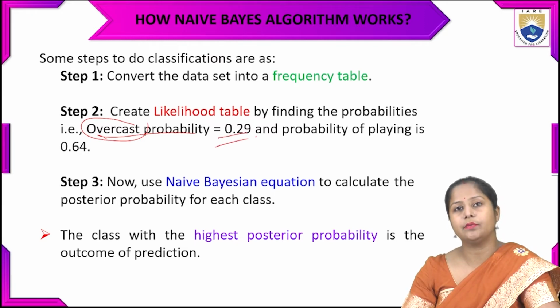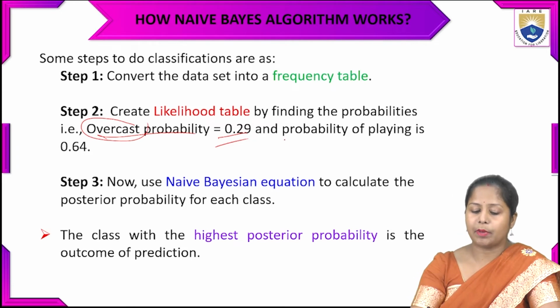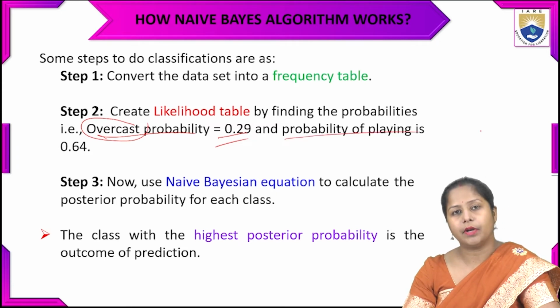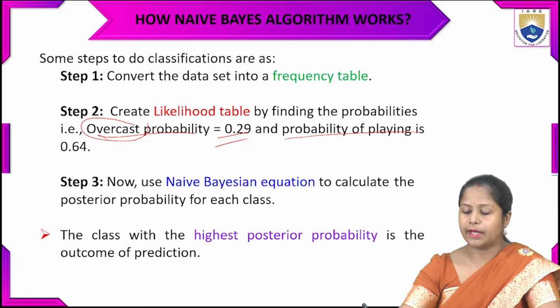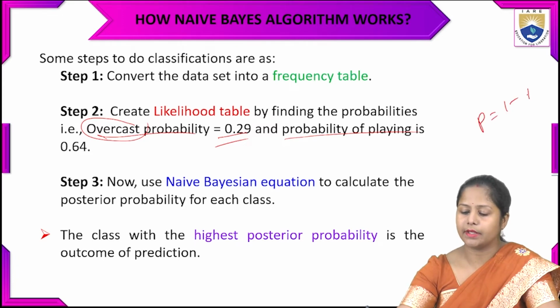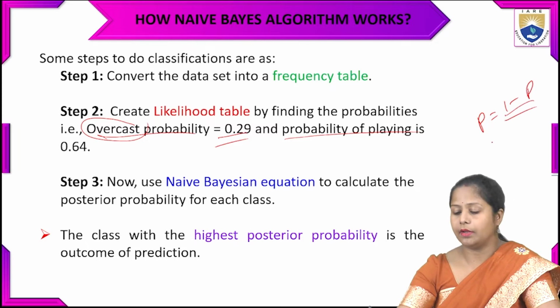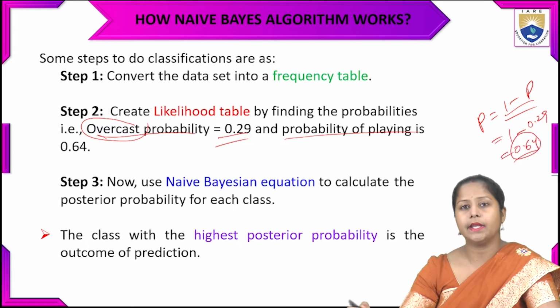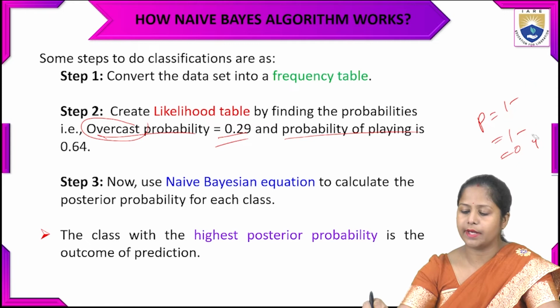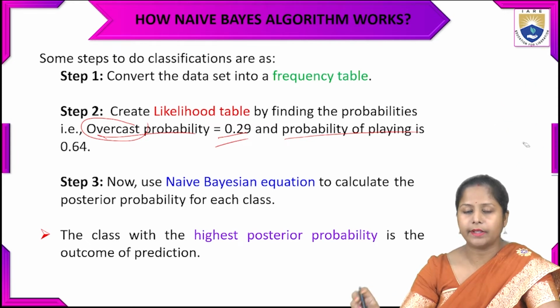So the probability is 0.29. And the probability of playing will be, minus from the 1. So that is nothing but P is equal to 1 minus P. So if we subtract the P from the 0.29, that will come as 0.64. So that is the probability the player is going to play outside in the overcast weather.